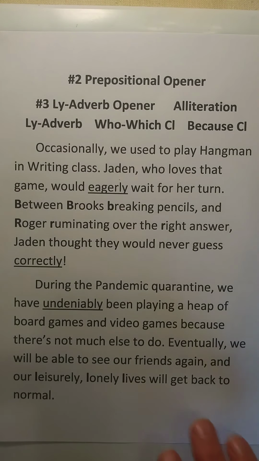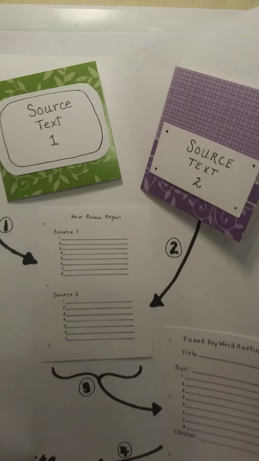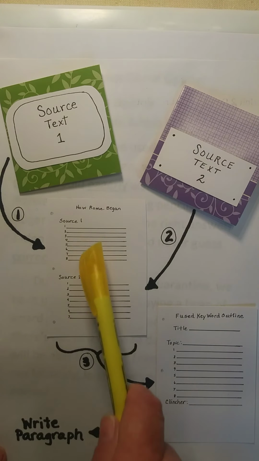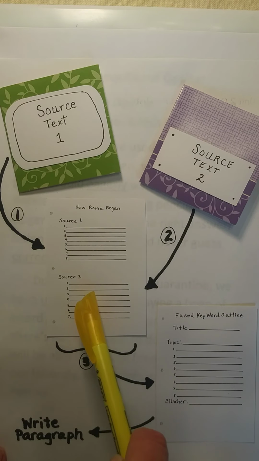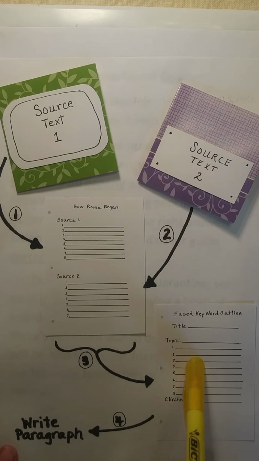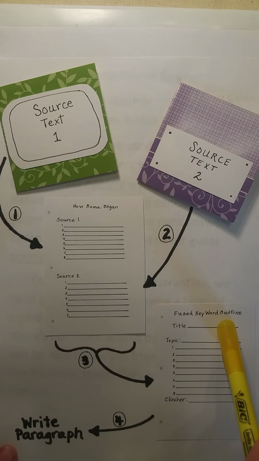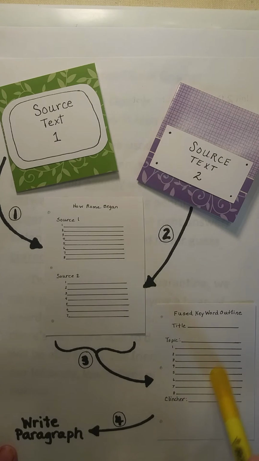All right, so that's all we have for today. I just want to review with you what your homework is. You're going to be studying for a spelling test on Tuesday, and the words are on the forum, but you should have them in your binder. Also, you're going to be taking your notes from your two source texts and writing your fused keyword outline, so that next week you can take that fused keyword outline and write your paragraph.